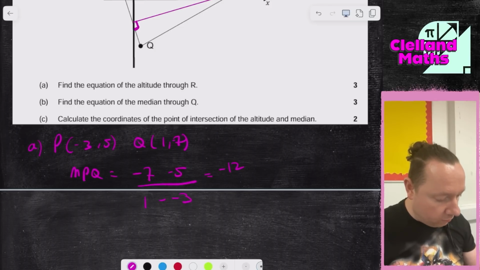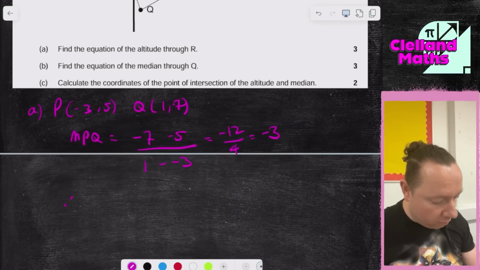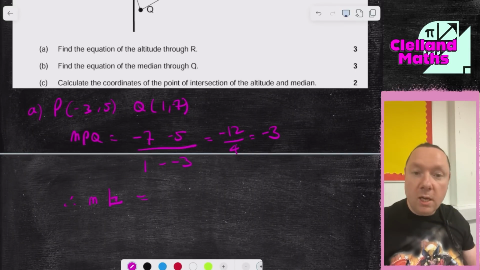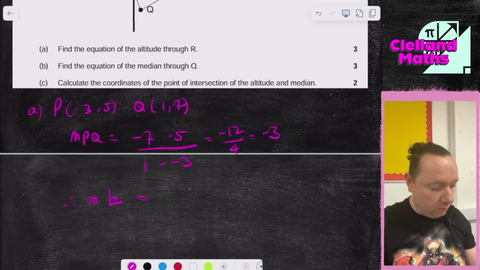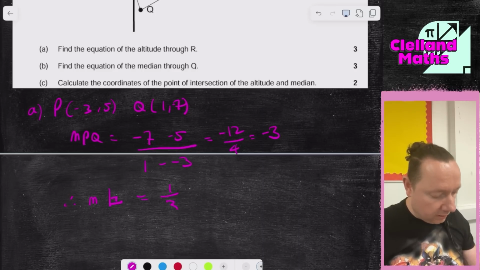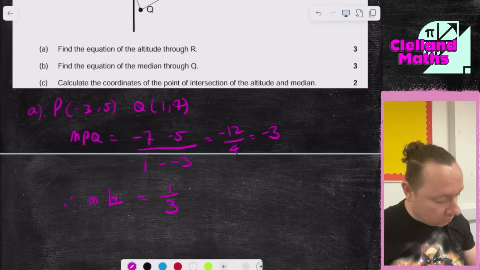That's minus 12 over 4, which is minus 3. And therefore, the gradient of the perpendicular is the negative reciprocal. In other words, you flip it upside down, that's a third, and then you change the sign. So it's a third, because m1 m2 equals minus 1. You always want to have that statement.